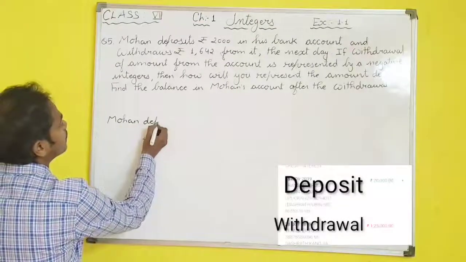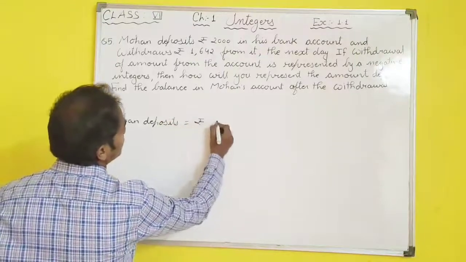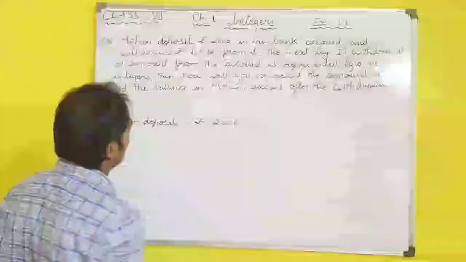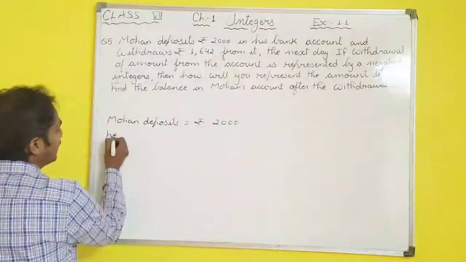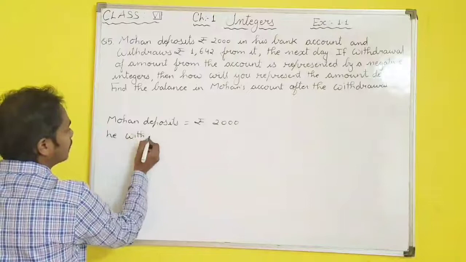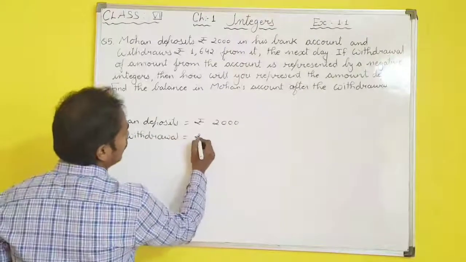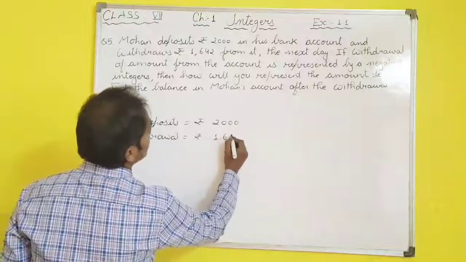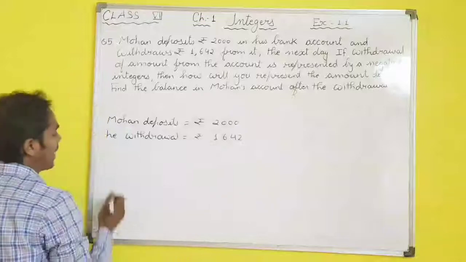Mohan deposit equal to rupees 2000 and he withdrawal equal to rupees 1642. Now you have to find the balance.